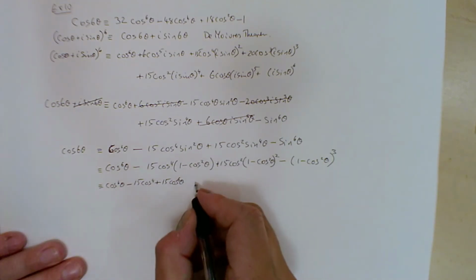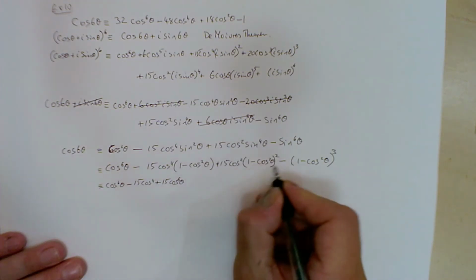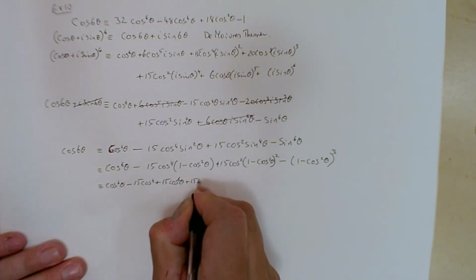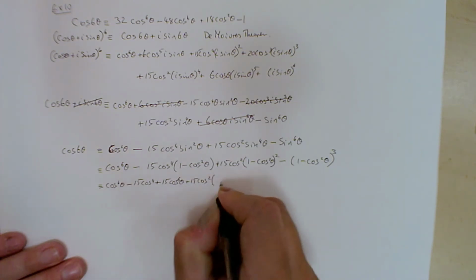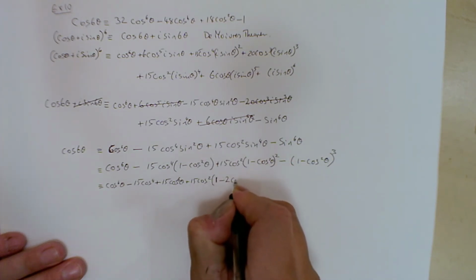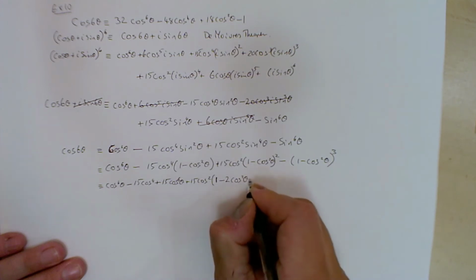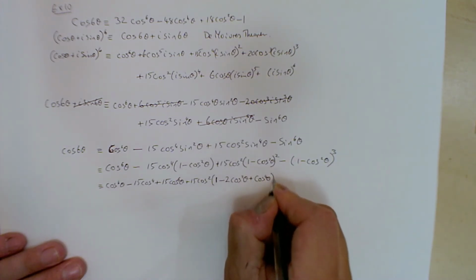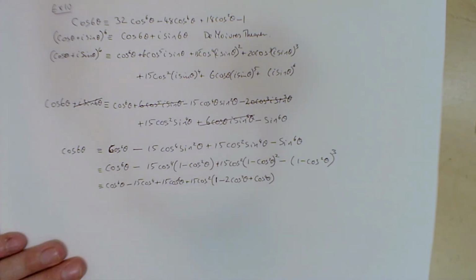Then we've got to expand this bit. Okay, so we get plus 15 cos squared. Well, that's 1 minus 2 cos squared theta plus cos to the 4 theta. That's just a simple quadratic expansion.